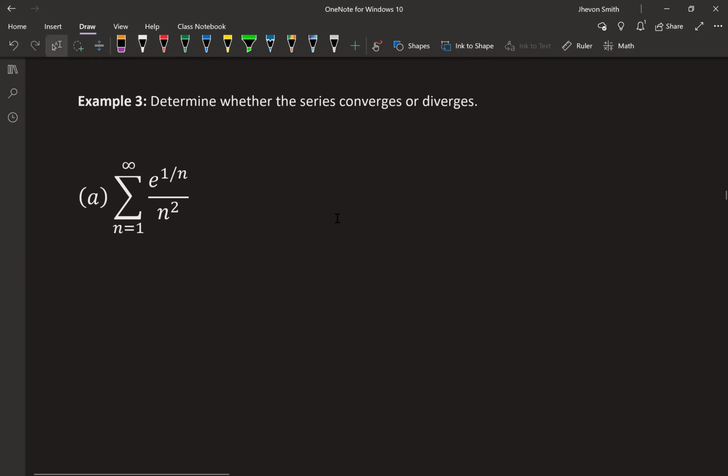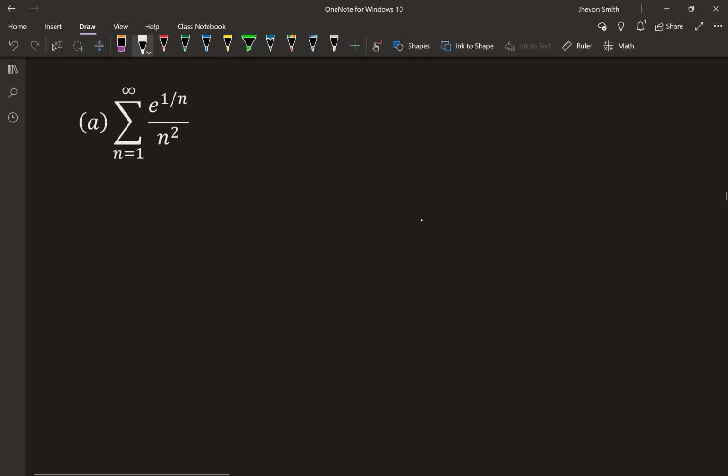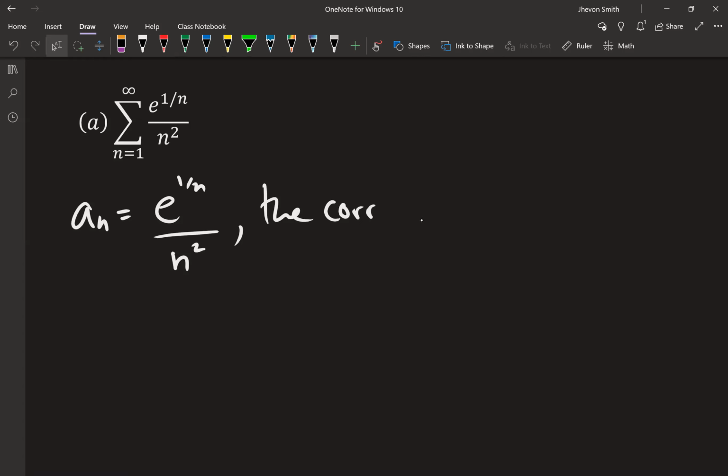Here's the thing. Note, a_n equals e to the 1 over n squared.